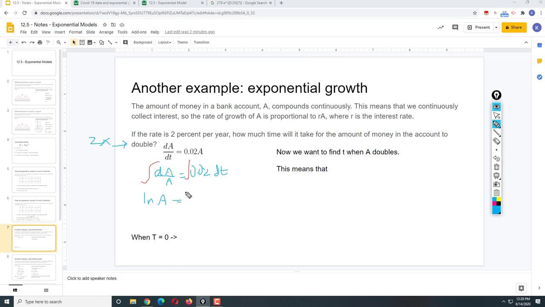When we do that, we get ln of A. Again, A is positive, so I can ignore the absolute value. Is 0.02t. Don't forget the plus c. Again, we take e to the exponent of what we have. E to the ln A is just A. Remember that e to the 0.02t plus c is the same thing as e to the 0.02t times e to the c.